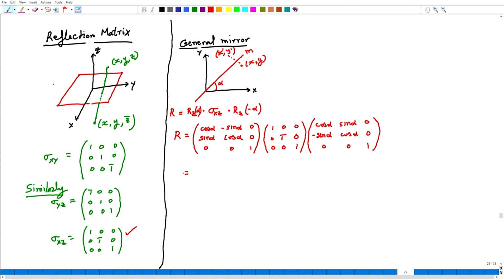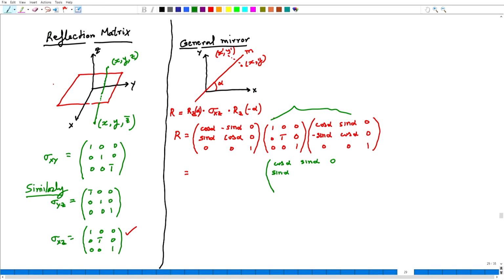Let us first multiply these two. First row, first column gives the first element cos alpha; first row, second column gives sin alpha; and then 0 for the first row, third column. Now the second row of the reflection matrix into the first column gives plus sin alpha.